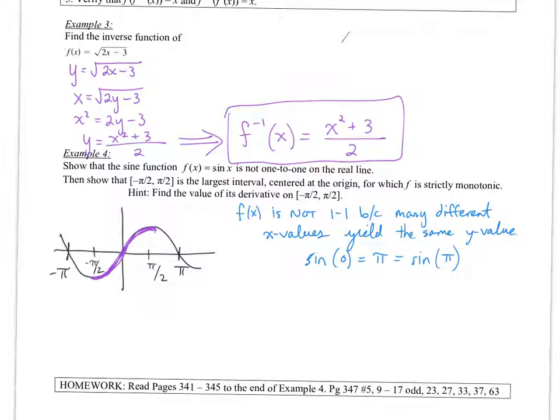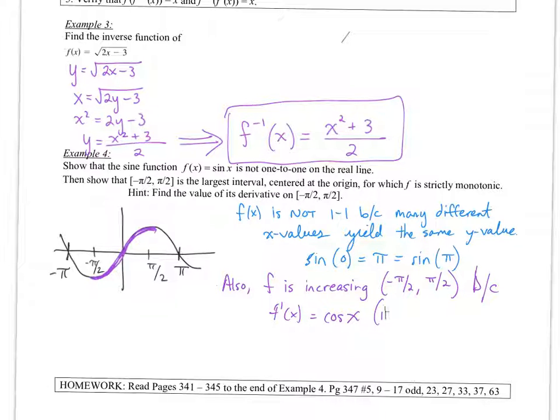And then you could also say, f is increasing. Remember, strictly monotonic. So it's increasing from negative pi over 2 to pi over 2, because f prime of x is equal to the cosine of x, and that's the derivative, right?